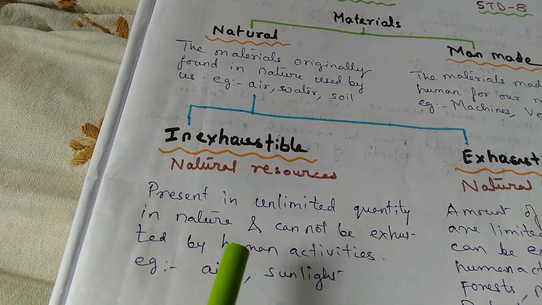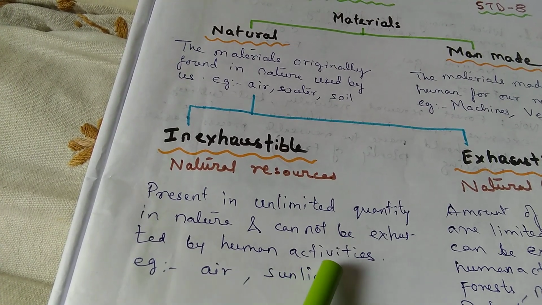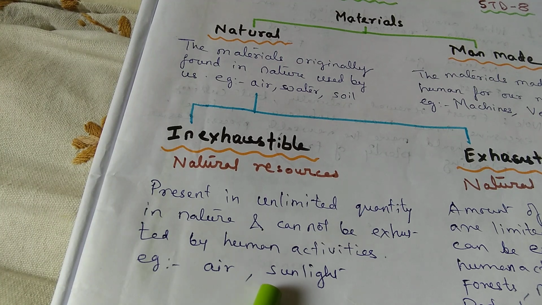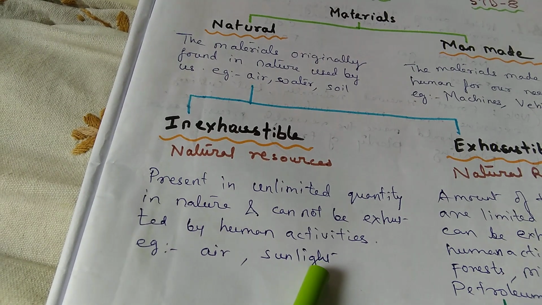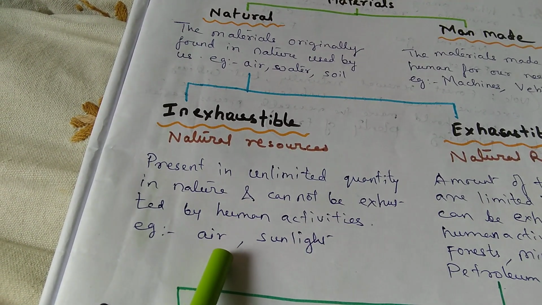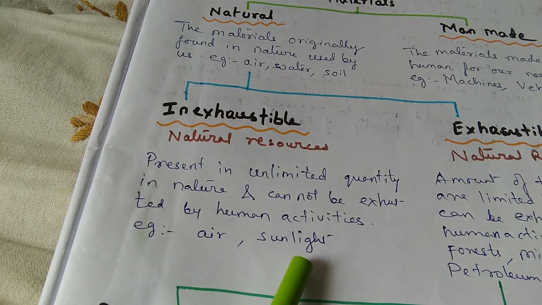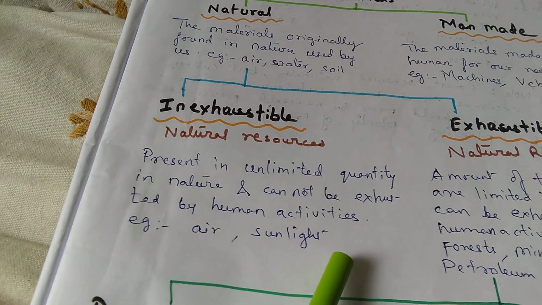Unlimited means they cannot be exhausted by human activities. That means they cannot be finished by human uses. For example, air, sunlight. These are unlimited. They cannot be finished by using. This type of unlimited materials are known as inexhaustible natural resources.